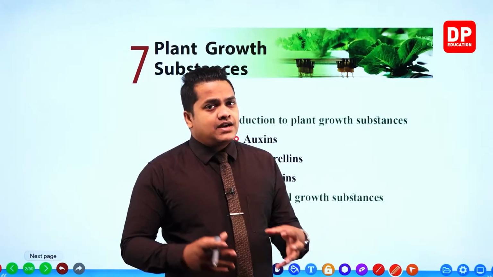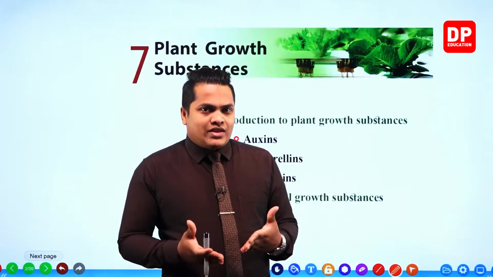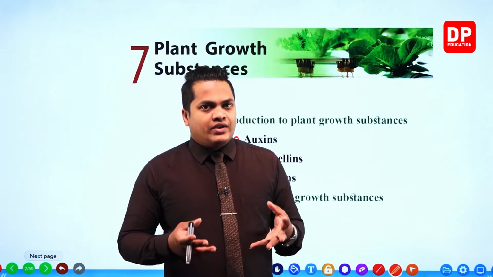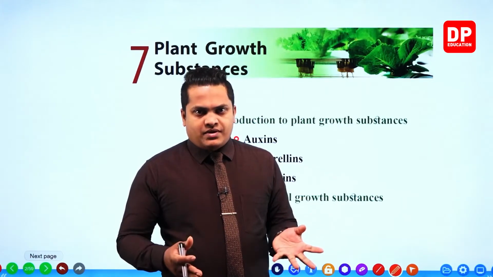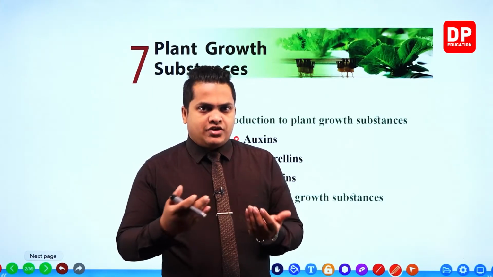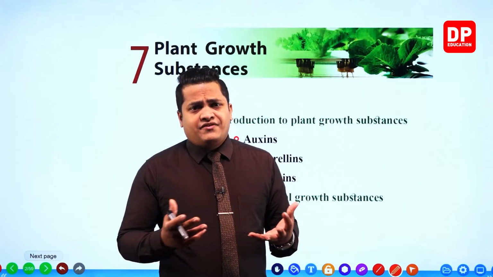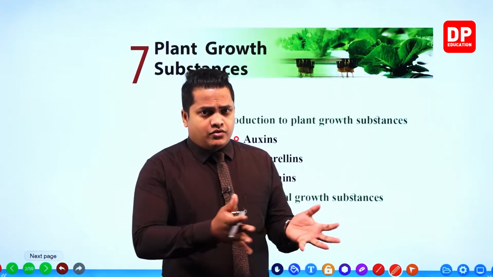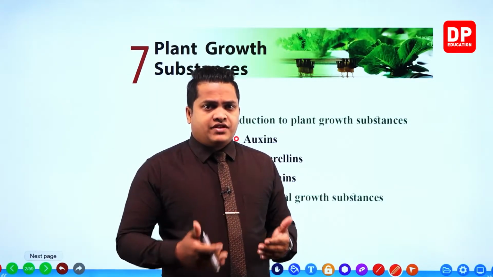By taking those examples, we can get an idea that humans can interfere with the growth of a plant. According to the needs of the human, they change the structure of the plant, right? So there are different varieties of plants in our normal biosphere right now. That's because of the interference of human beings.